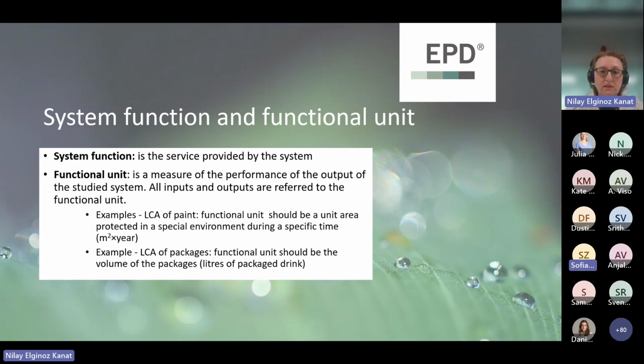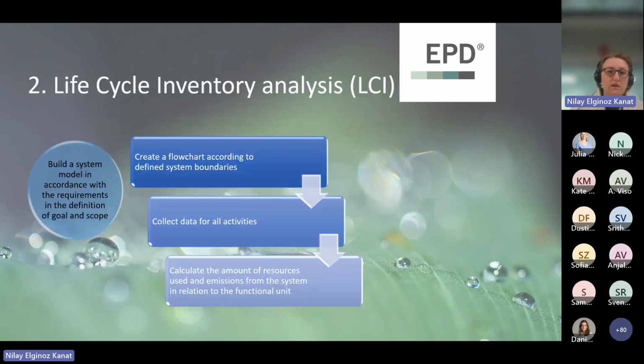Then it means that indoor paint would have another functional unit, and outdoor paint will have another functional unit. Things get more complex when you produce products which have different usages. For example, a cell phone that you can call or check your emails and do many of the other things.